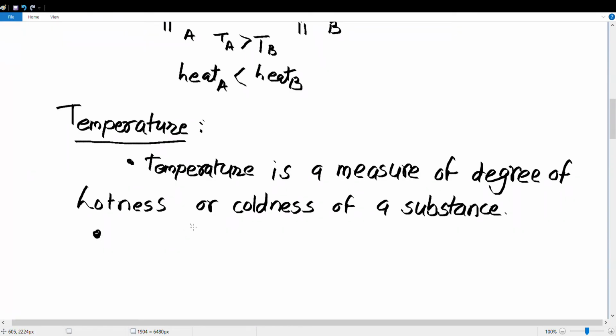This hotness, this coldness is measured with reference to some standard value.